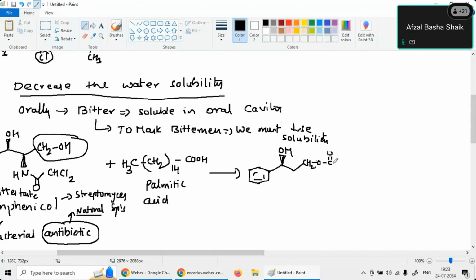C double bond O, CH2, 14, and CH3. And there is a dichloroacetamide. This is the dichloroacetamide group, and this is the nitro group.